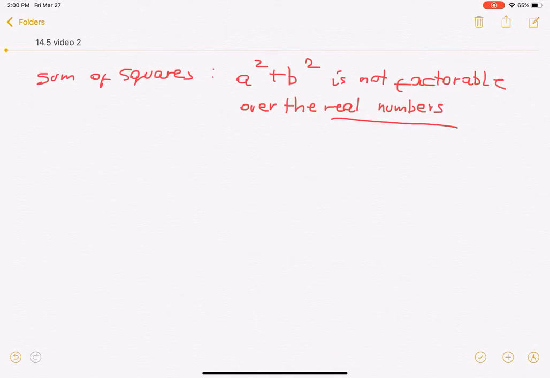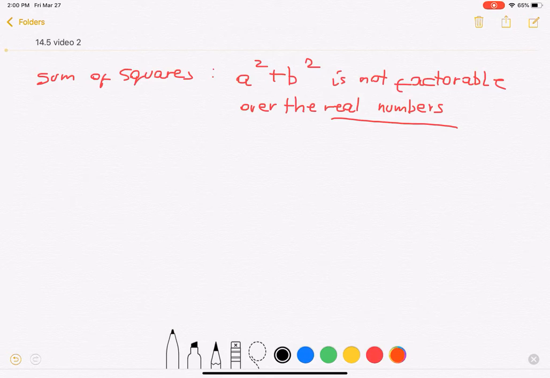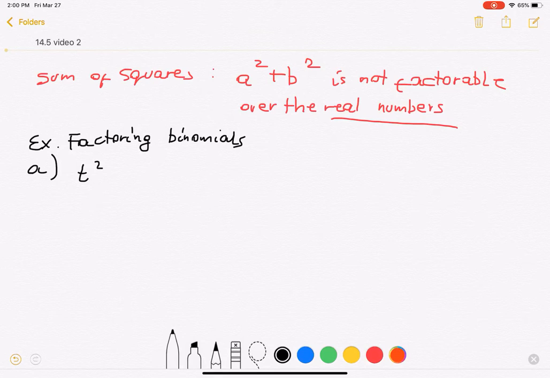Let's do an example. Let's review what we did in the previous video. Factoring binomials. In A, we have t squared plus 144.